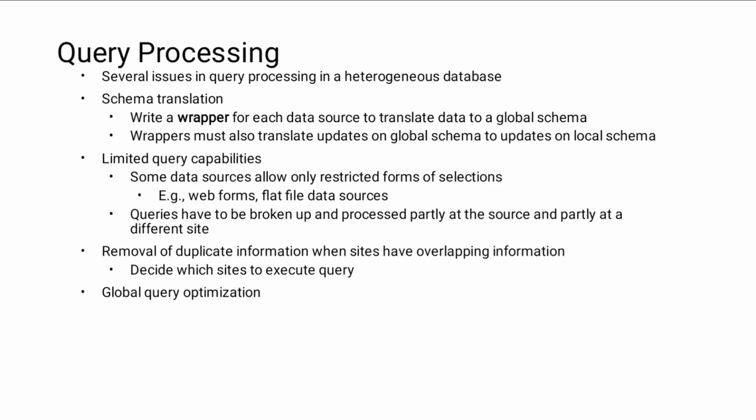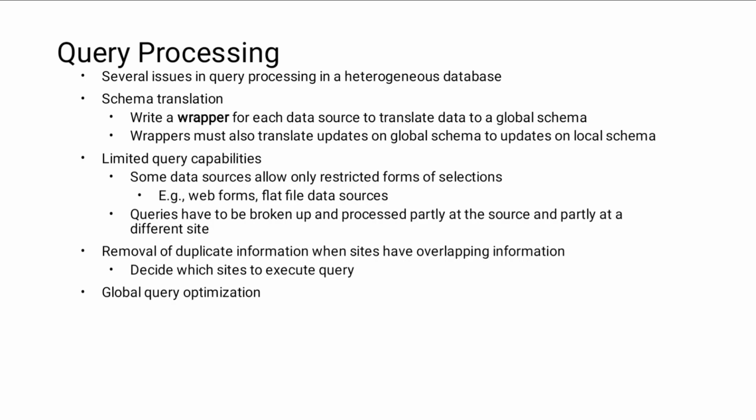Query processing. It is a heterogeneous, distributed database. The schema translation should be done because a global schema should be developed. For that, we have to write a wrapper for each data source. Wrappers must also translate updates on the global schema to updates on the local schema.